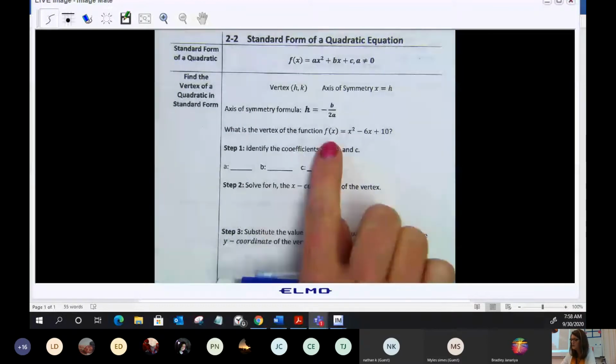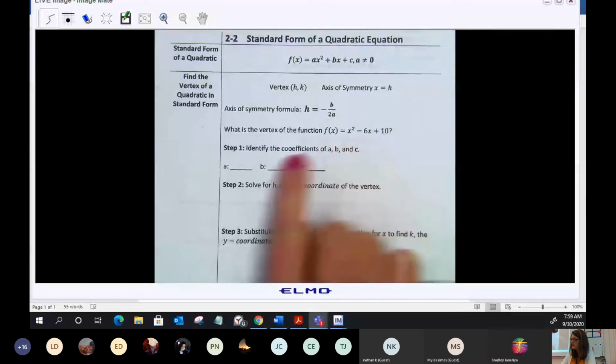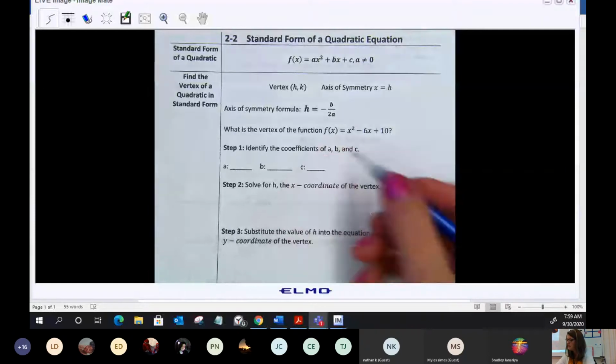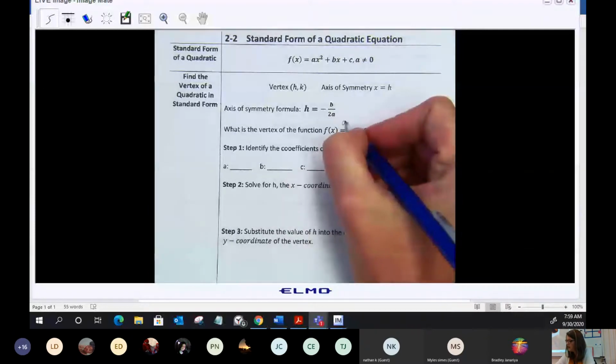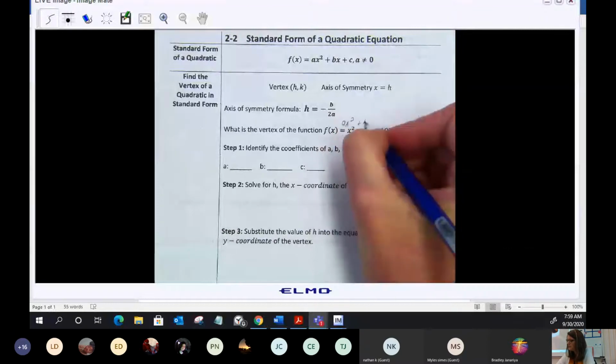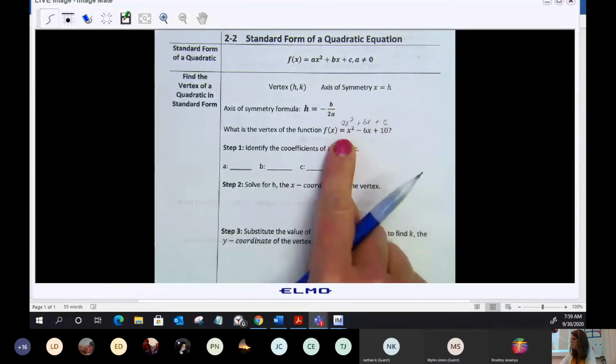So here we are, we're given this function, we're going to find the vertex. First thing you need to do is identify your coefficients a, b, and c. And again, remember, if you're in standard form, which we are, ax squared plus bx plus your c. So notice you don't have a coefficient.